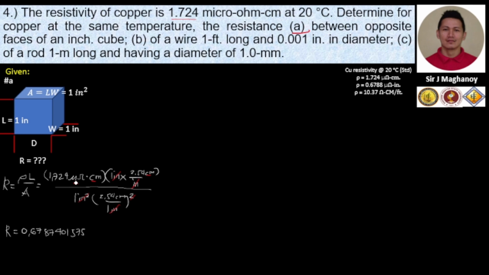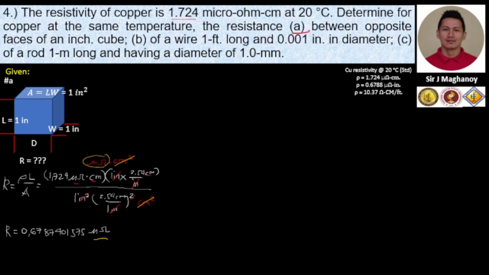So the remaining unit is in micro-ohms. To recall, our unit here will become square centimeter, and it will be cancelled out since the remaining unit at the denominator is square centimeter. So the remaining unit is micro-ohm square centimeter, so our square centimeter will be cancelled out and the remaining unit is micro-ohms. So that is the value for our resistance for our A, the resistance between opposite faces of an inch cube.